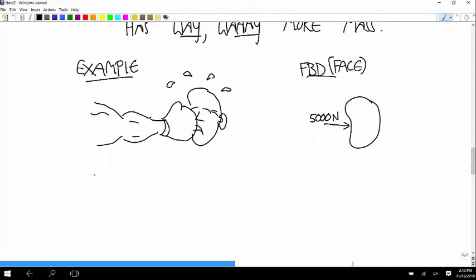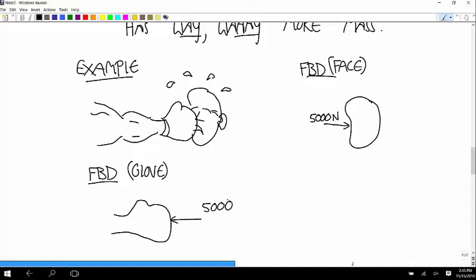That means in a free body diagram of the glove, there's a force of 5,000 newtons going this way. And if people had their brains inside their hands, then that is how you would box. You would attack people's hands with your face.